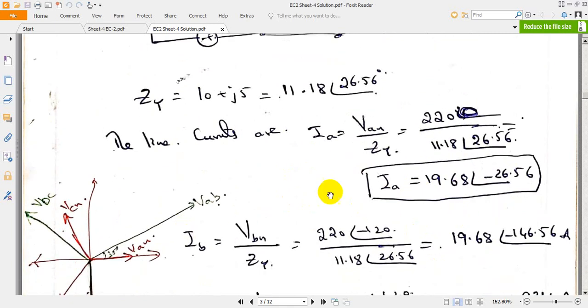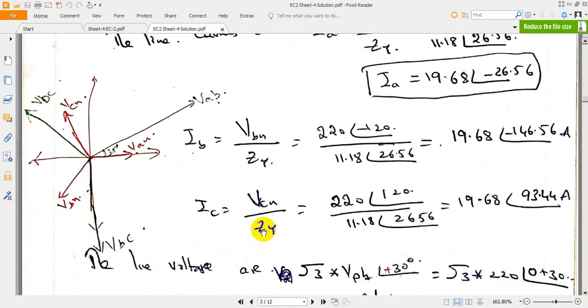Similarly you can go for IB and IC by substituting VBN, which is 220 at an angle of minus 120, and VCN, which is 220 at an angle of plus 120. When you divide by ZY, since it is a balanced load with the same load in each phase, you will get 19.68 at the respective phase angles.